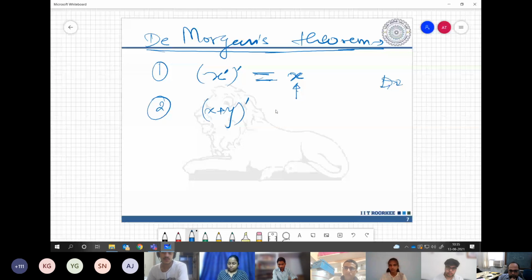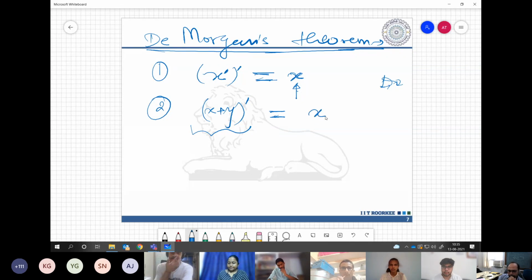Then, a little more important, if you have to take the complement of x plus y, then from duality, what we have just now learned, each and every number and each and every operation can be exchanged like this.